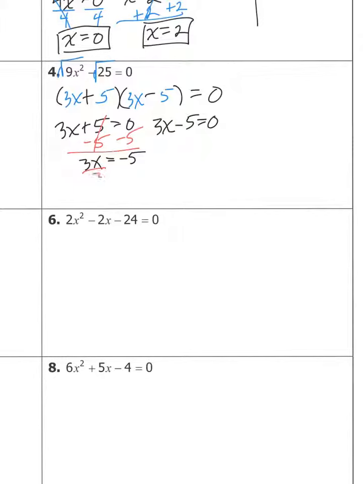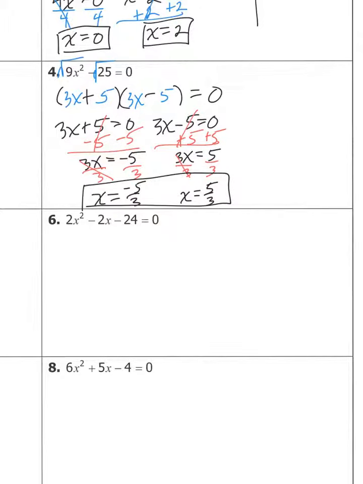And divide by 3. So this one we are going to add 5 to both sides. And then divide by 3. And so there's your two solutions for those ones.